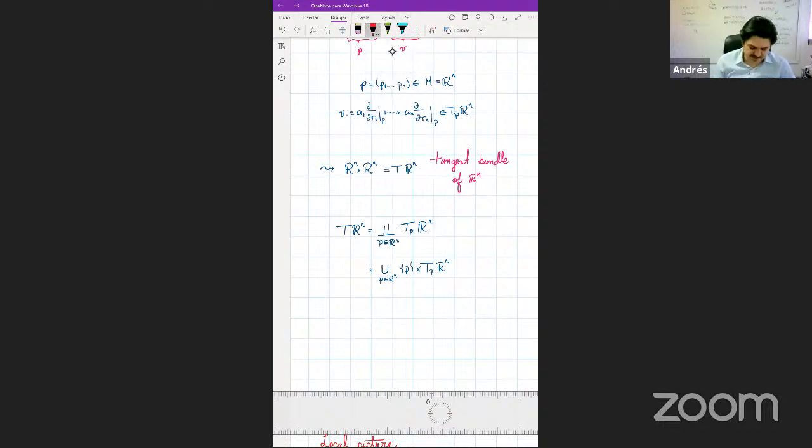Let me take this picture from here. Usually, we would write the tangent bundle or vector bundle like this. We have M on the bottom.